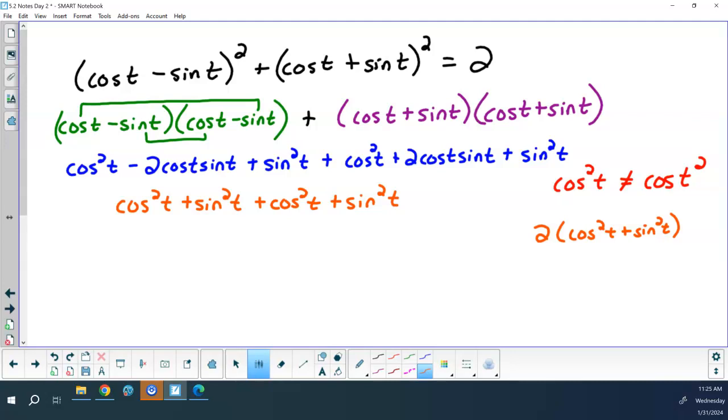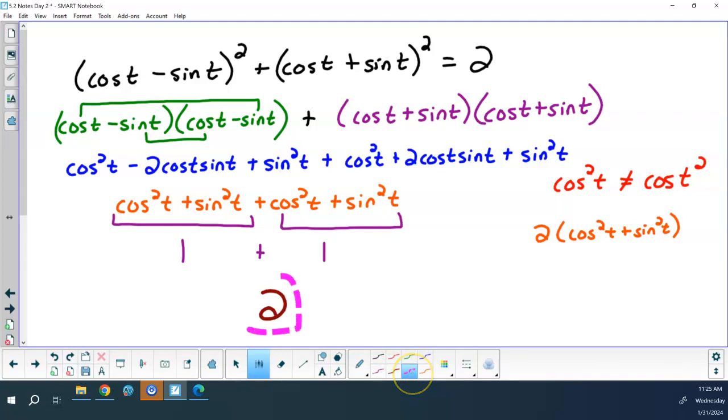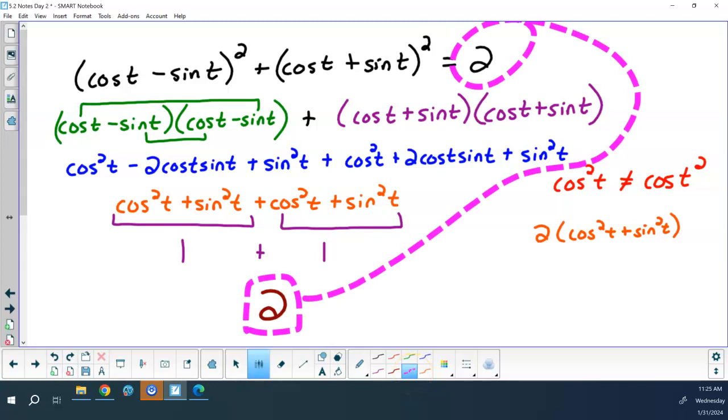Okay? What does this equal? What's 1 plus 1? And 2 is equal to 2.